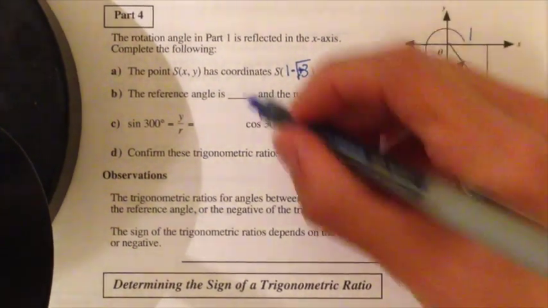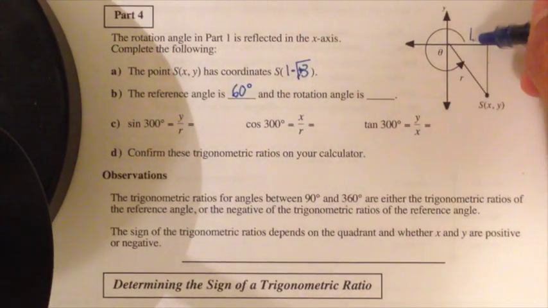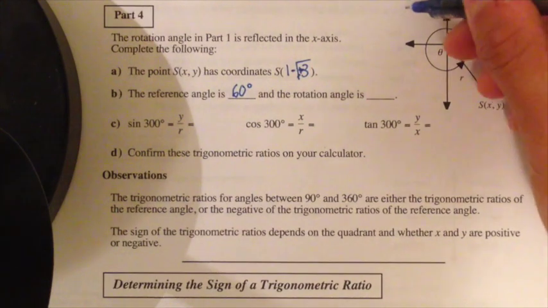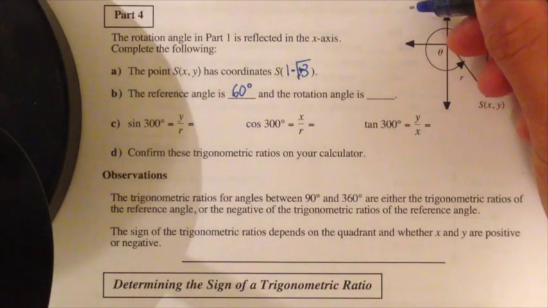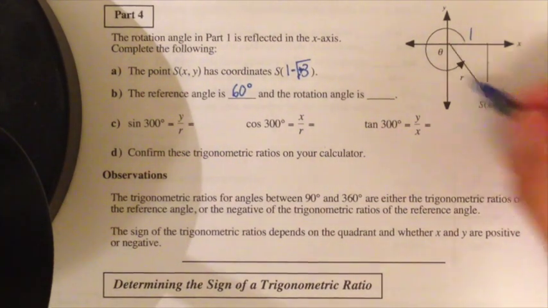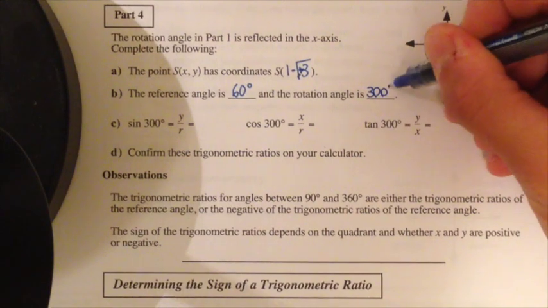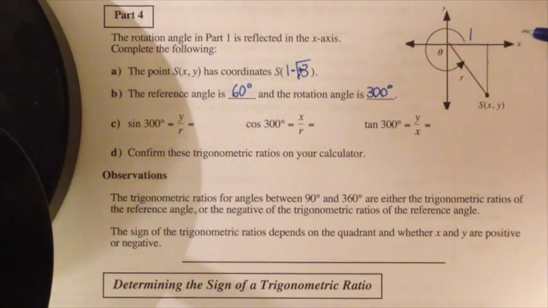So the reference angle is 60 degrees from the beginning, and the rotation angle now, since we moved 60 from here, another 60 degrees was 120, another 60 degrees was 240, and another 60 degrees is going to be 300 degrees from our reference angle.